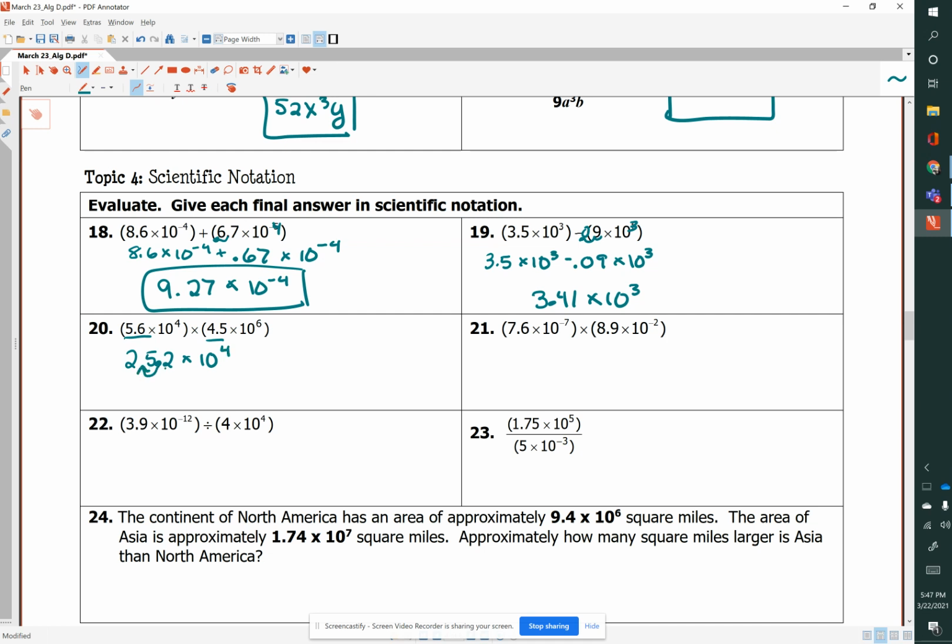We have to move this decimal point, which means, I'm sorry, that should be a 10 right there. Okay, we need to move that decimal point, and that's going to raise this. So when this gets smaller, the exponent gets bigger. So it'll be 2.52 times 10 to the 11th power. Oops, let me rewrite it.